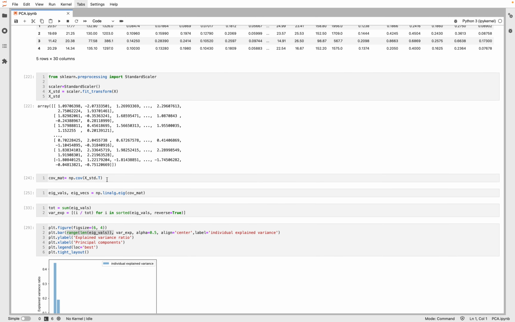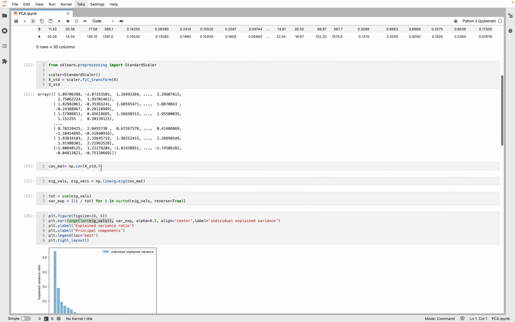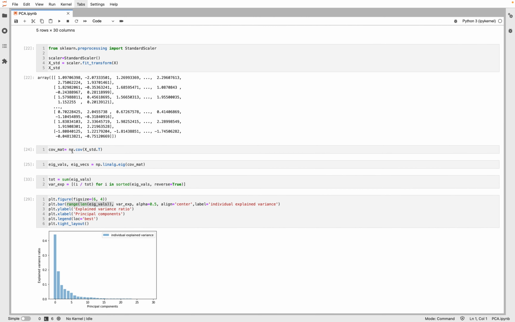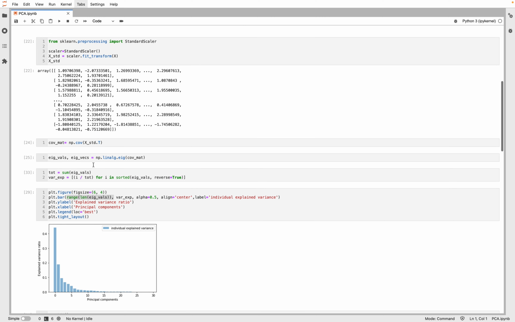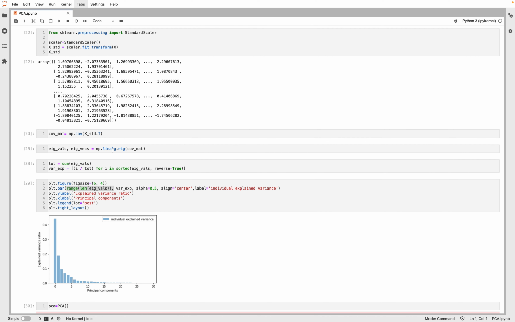Next, we will compute the covariance using np.cov on the normalized data, and remember to take the transpose as we explained earlier in the math. Next, we will need to get the eigenvalues and eigenvectors from the covariance matrix. So we will use the eig function from the linear algebra library from NumPy.